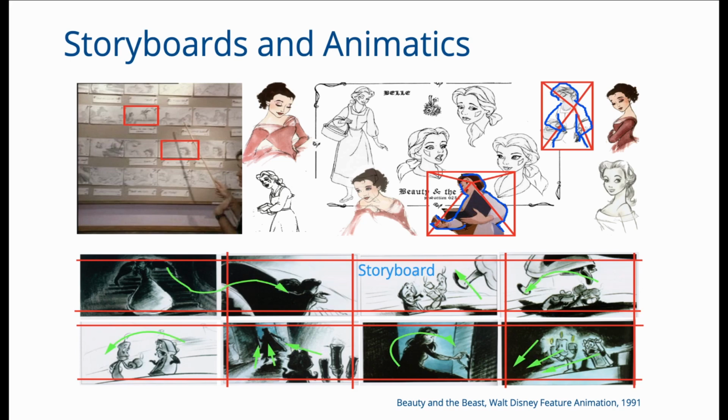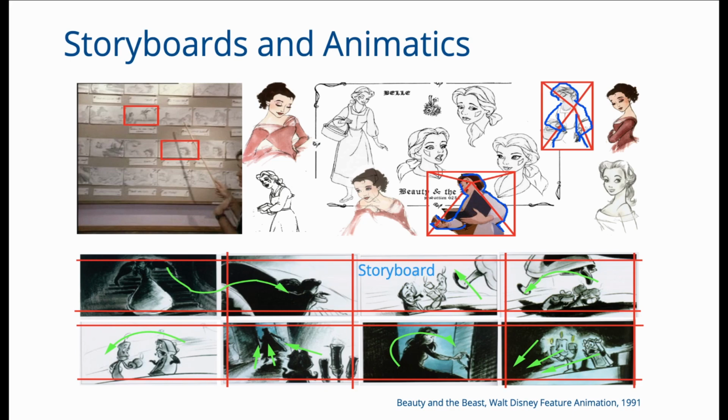So there is a certain movement that the camera is following, and there is a certain movement that the characters are following, right? So both of these are pinned down in the storyboard. If you play back the storyboard as the frames of a movie, then that is called an animatic. So animatic is like an animated version of the storyboard.